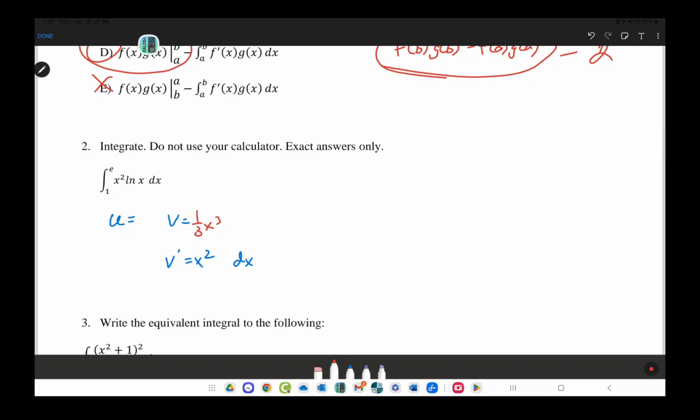And we have natural log of x as u, which means u prime is 1 over x dx.